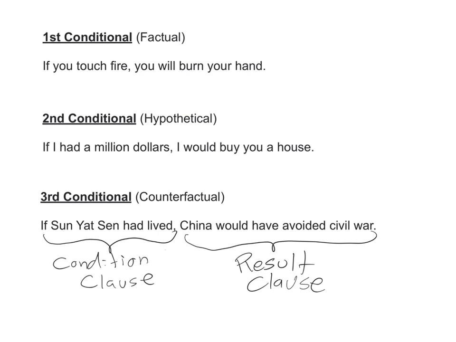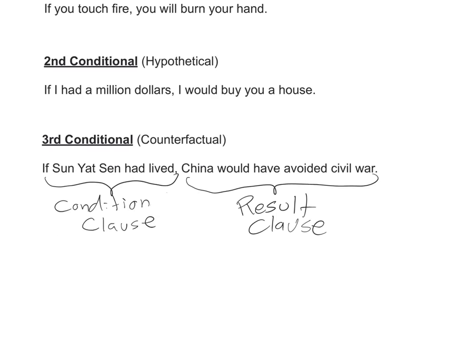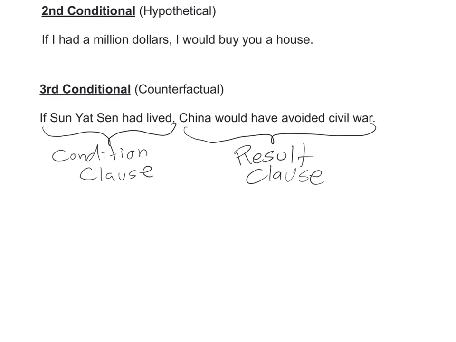I'll erase this, I'll slide down a little bit to give us a bit more room. First, we have an if, and then the conditional clause is written in the past perfect tense. Sun Yat-sen had lived. Then, after that, a comma, and we have the subject of the result clause. In this particular case, it's China.